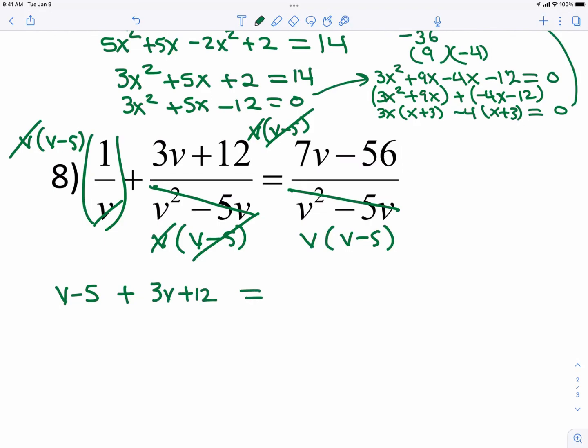Bring down your equal sign, and we're multiplying this fraction times v minus 5, and everything cancels out there. The v's cancel, the v minus 5's cancel, and we're just left with 7v minus 56.